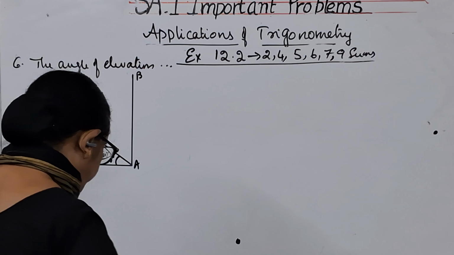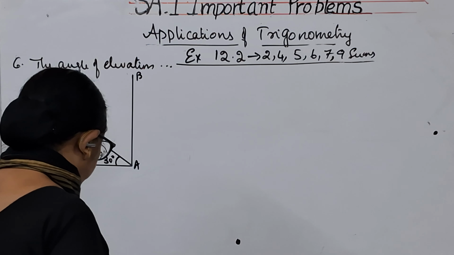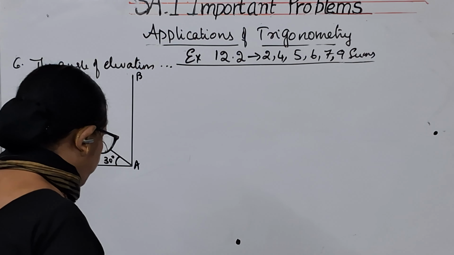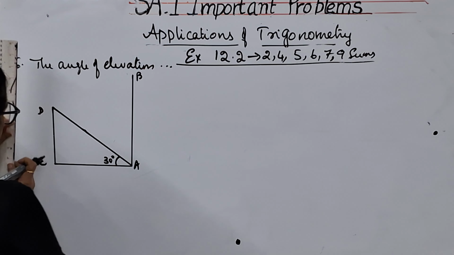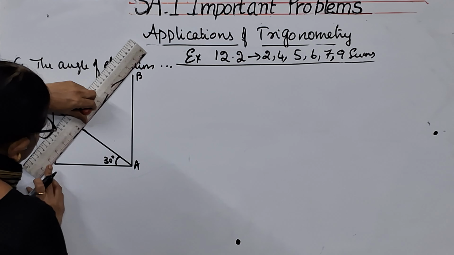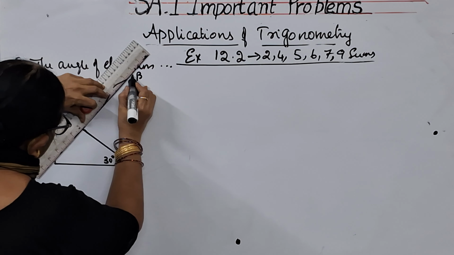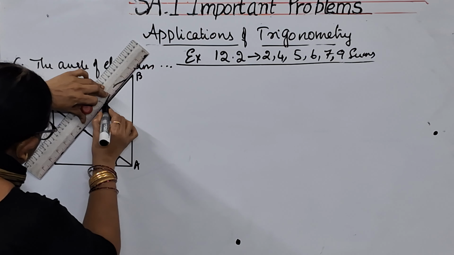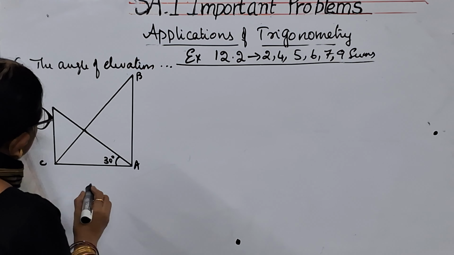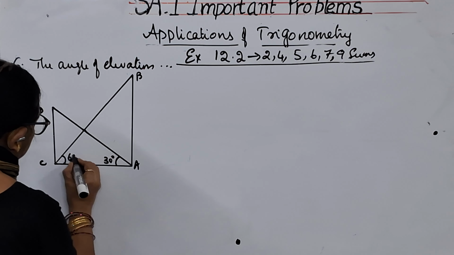And then the angle of elevation of the top of the tower from the foot of the building is 60 degrees. This is the foot of the building. From here, the top of the tower is this. This is the angle of elevation.